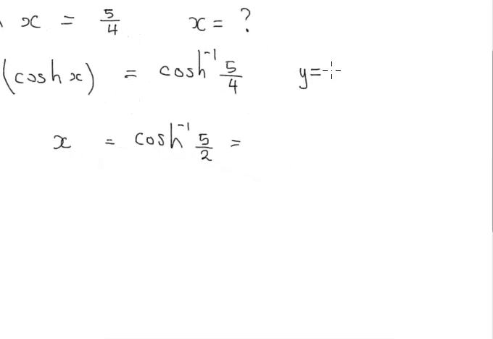I actually mentioned that this function y, cosh hyperbolic inverse of x, is equal to ln of x plus, they don't put plus or minus for some reason, but I think you can ignore that minus anyway, the square root of x squared minus 1.